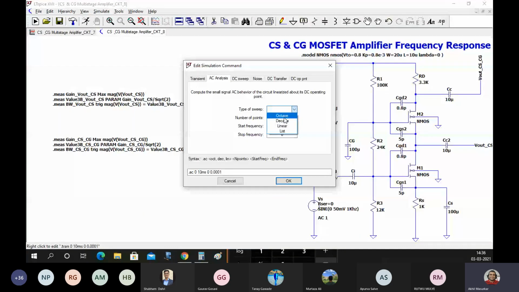You can say decade 0.01, start frequency is whatever, 1 hertz or 0.1.